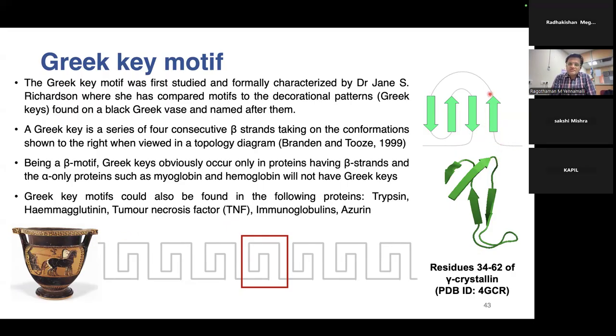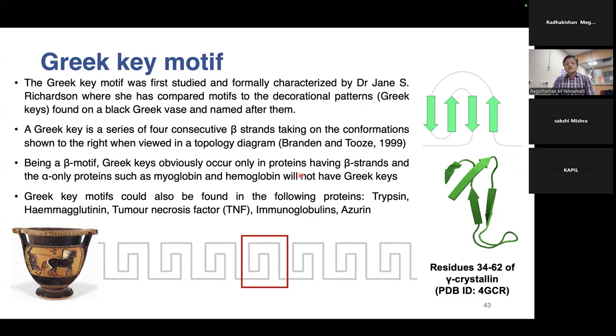If this is beta strand 1, beta strand 2 is sandwiched by beta strand 3 and 4. So this is a Greek key motif. And Greek key motifs have a huge function present in it. For example, the protein crystallin, which is present in our eyes, is majorly made up of Greek key motifs.